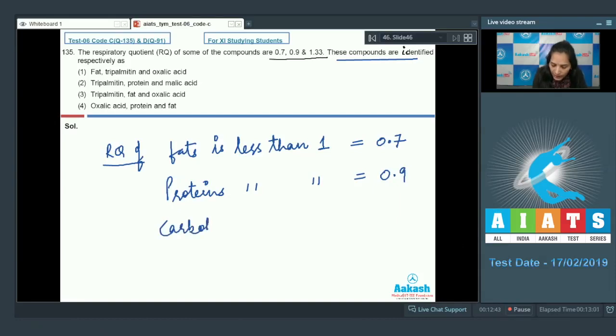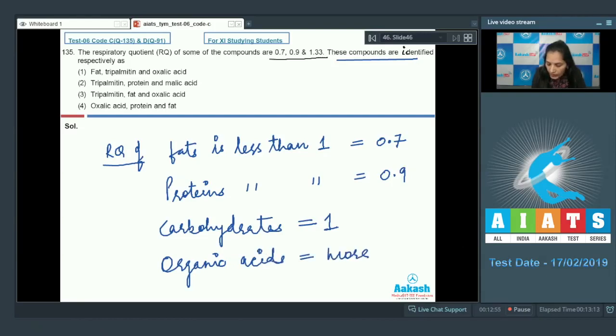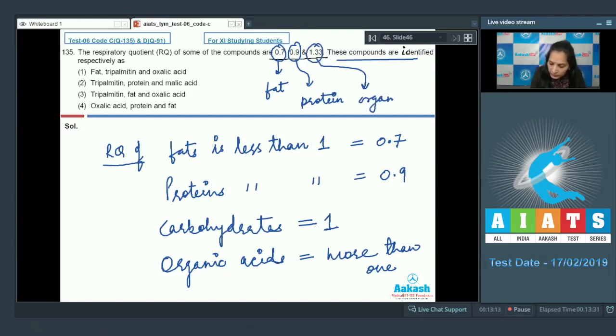For carbohydrates, it is 1, and for organic acids, it is more than 1. Now, so 0.7 should be a fat, 0.9 should be a protein, and 1.33 should be an organic acid. Now see the options.